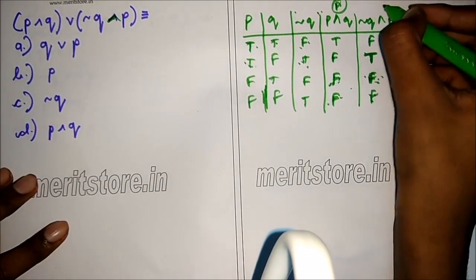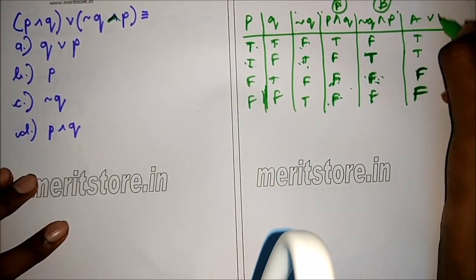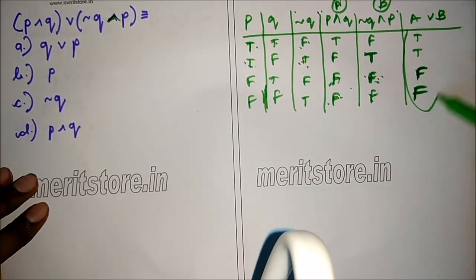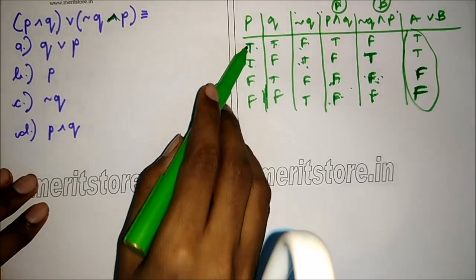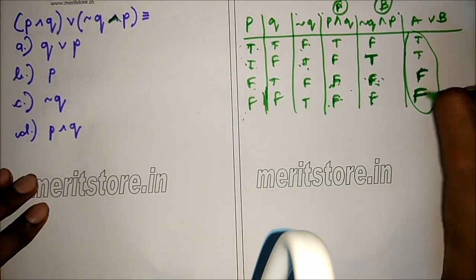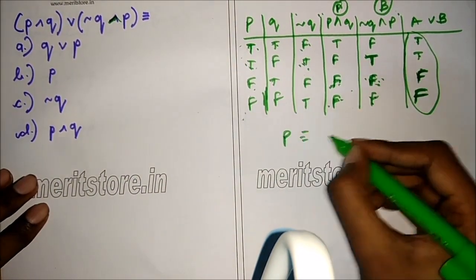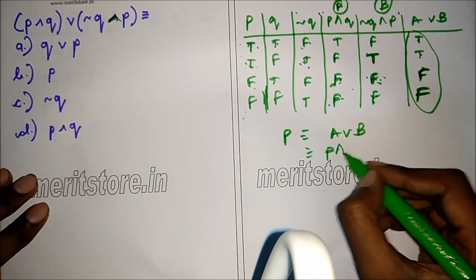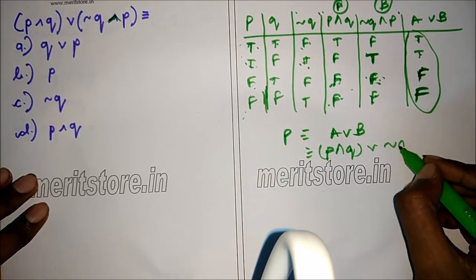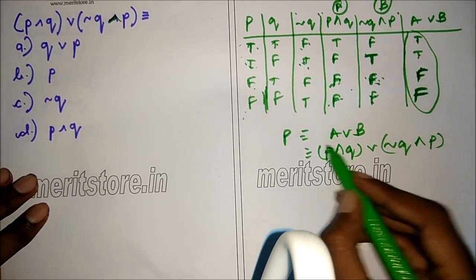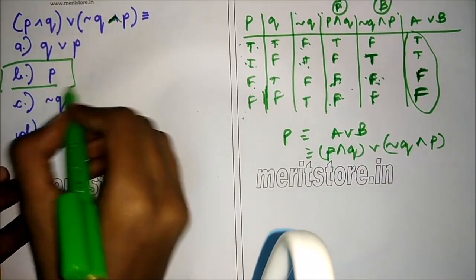Let this be A, let this be B, so this is A or B. We have to find the statement which holds identical values. Starting with P, we can see it is TTFF and it is also TTFF. So P is equivalent to A or B, where A is P and Q and B is negation Q and P. So the answer is B, P.